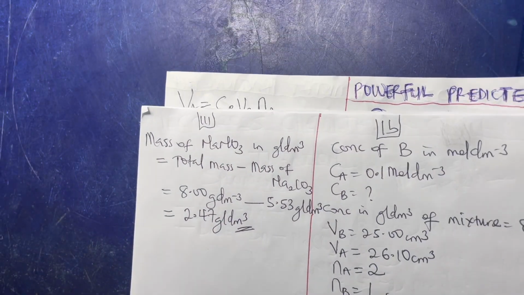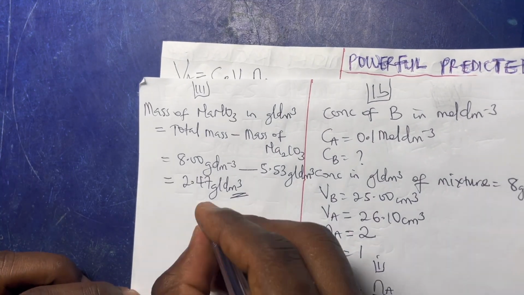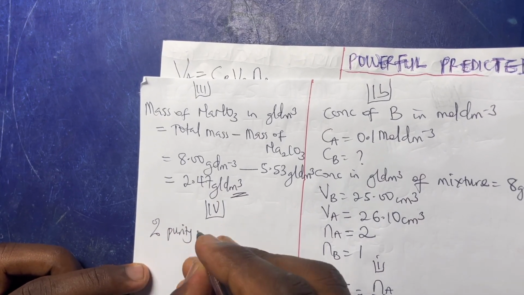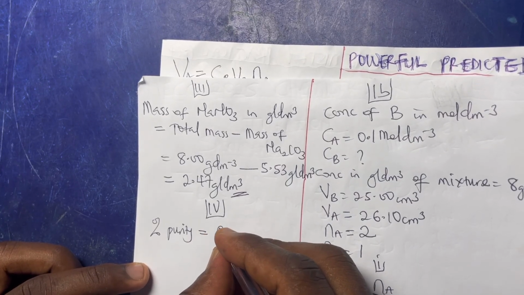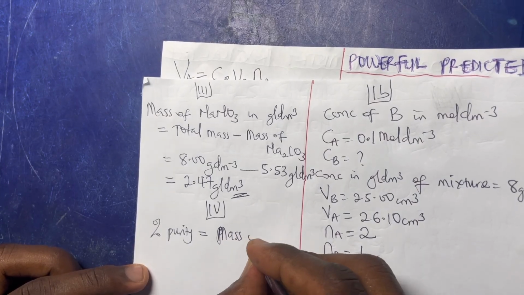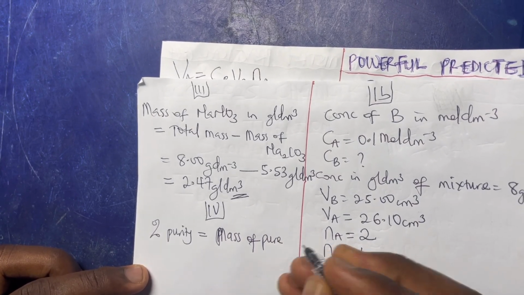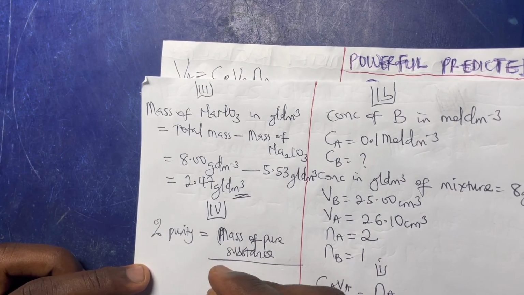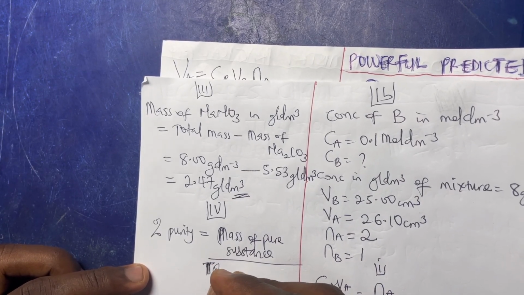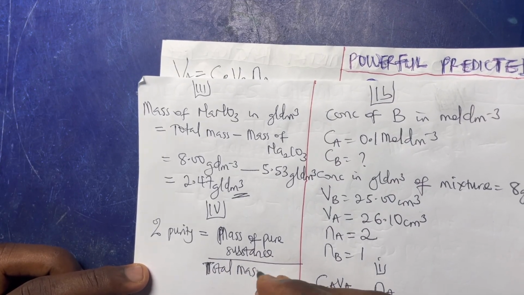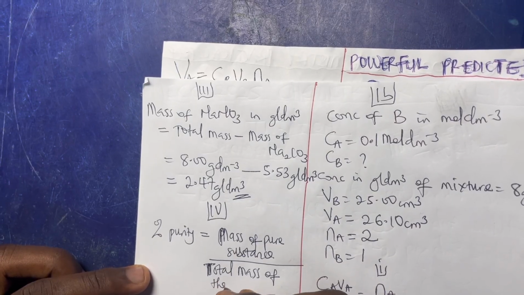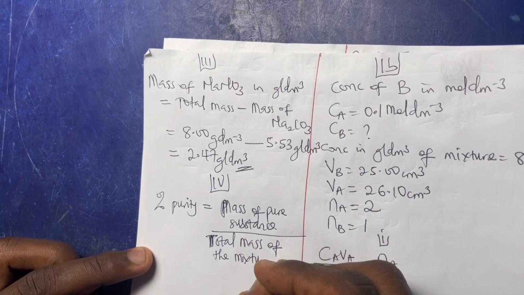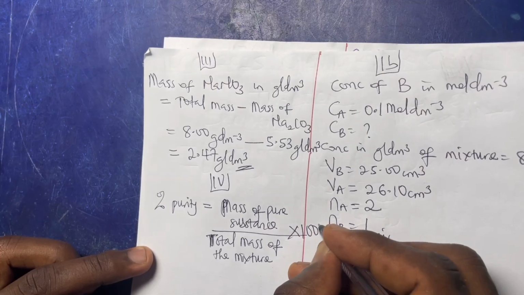So the formula to calculate percentage purity is: mass of the pure substance over the total mass of the mixture, times 100%.